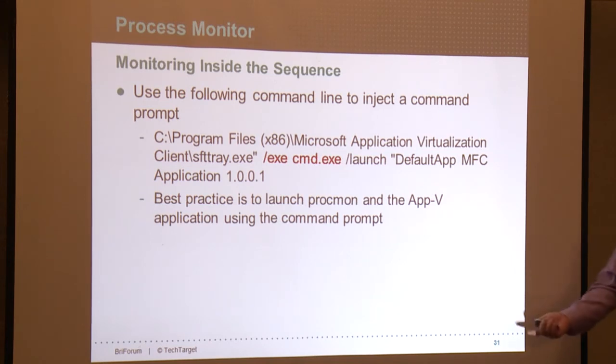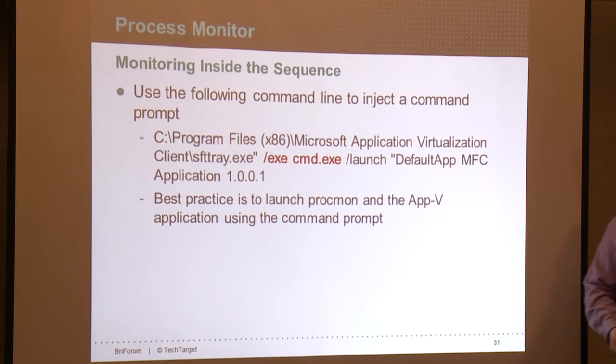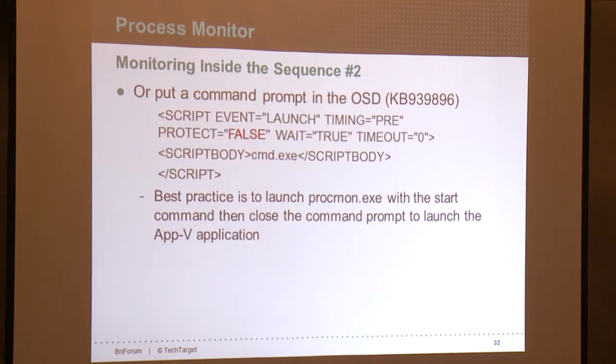Because if you launch Procmon from the command prompt, then close the command prompt, closing kills the child process, which is Procmon, and then the application it's supposed to launch fails with an error code. So it's messy. I'm not a fan of this, and I'll show you why later.